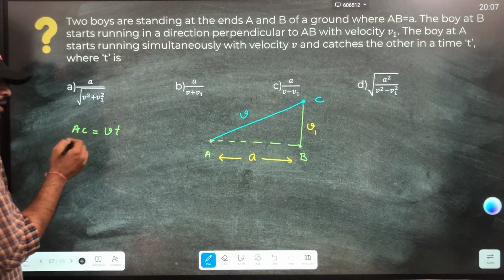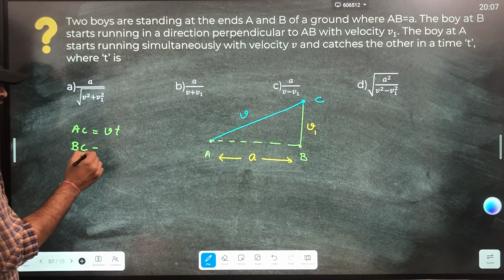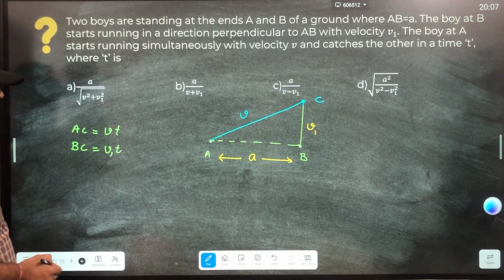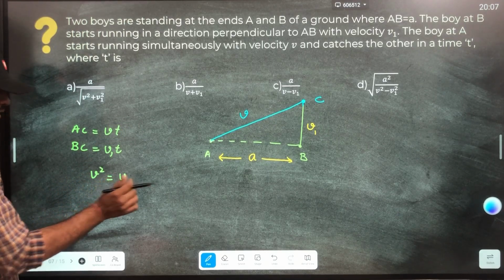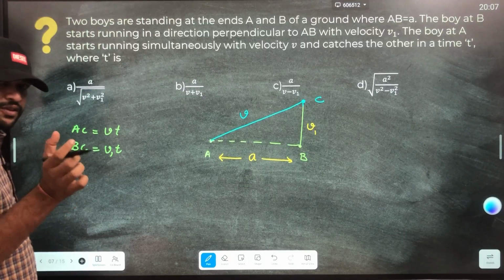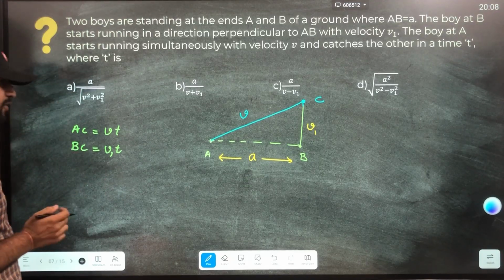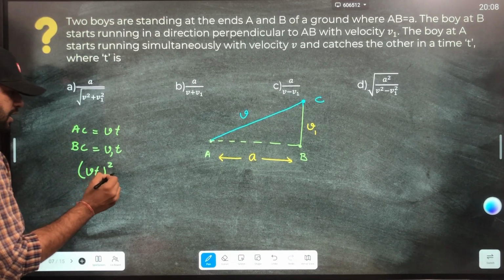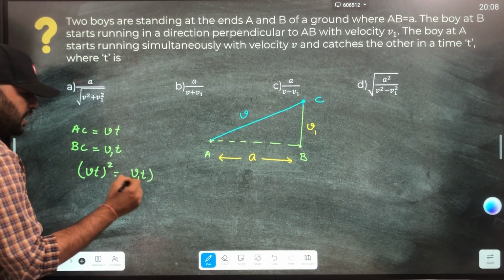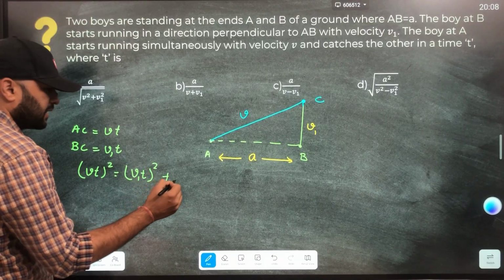And similarly, BC will be velocity V1 into t. Using Pythagoras theorem, length, not the velocity. You have to be very careful. So AC, that is our VT square, equals V1T square plus A square.